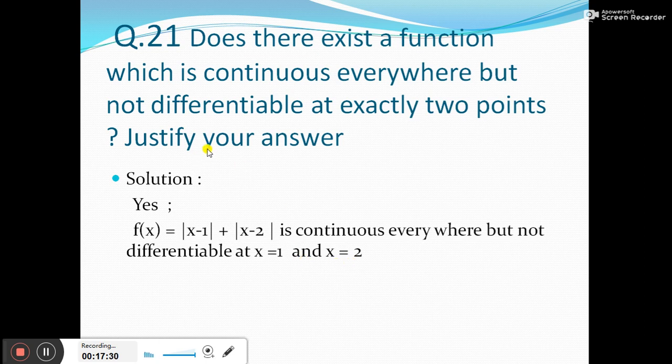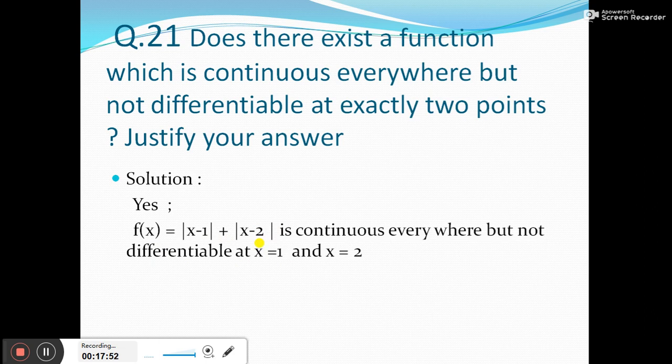Here we have to justify only the answer, that's why we have to give the example only. Otherwise, if this question comes, show that f(x) is equal to mod of x minus 1 plus mod of x minus 2 is continuous everywhere but not differentiable, then redefine the function and check for the continuity and differentiability.